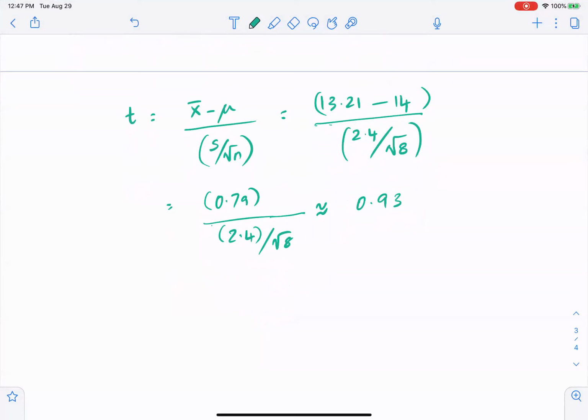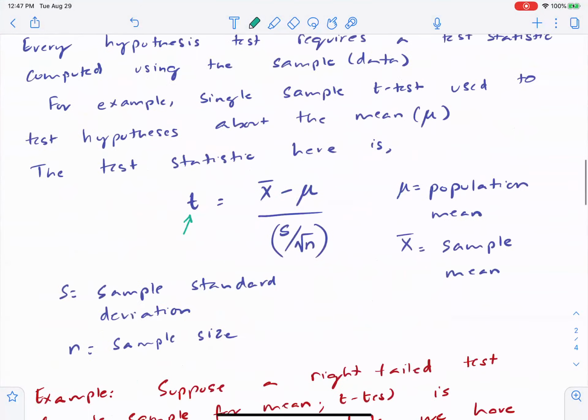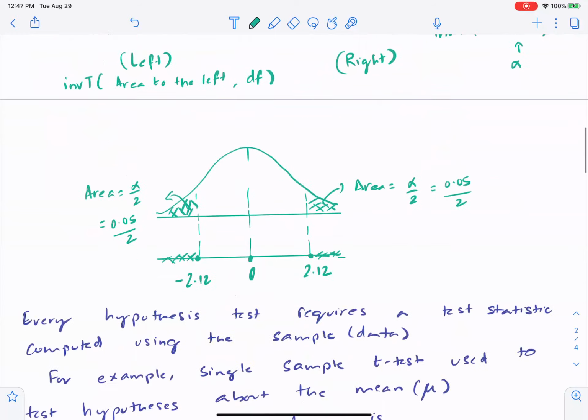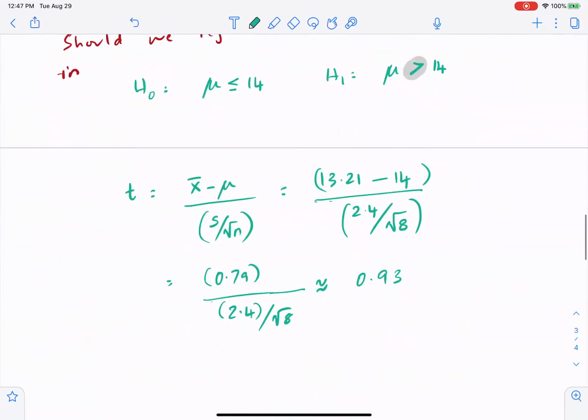So we have a test statistic. Now we want to attain a conclusion. Going back to what we did earlier, we know how to find critical values. If I identify the correct critical value, then I know the rejection region. Then I ask myself the question whether 0.93 will fall in the rejection region or not.